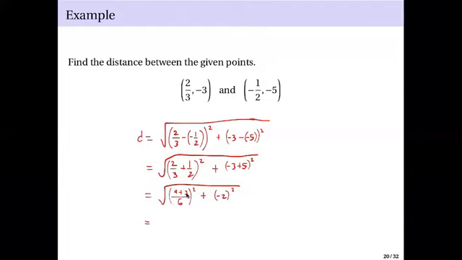And of course, the square of 6 is just 36. Plus negative 2 squared, that's just 4. Then you combine this to a single rational expression and then simplify everything.